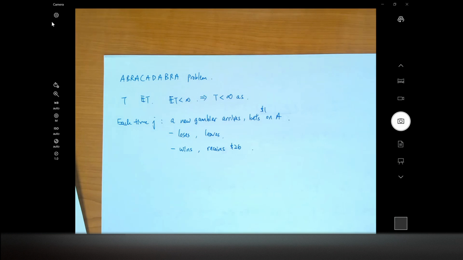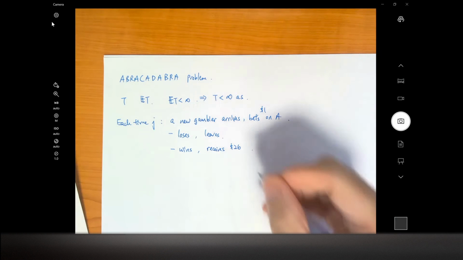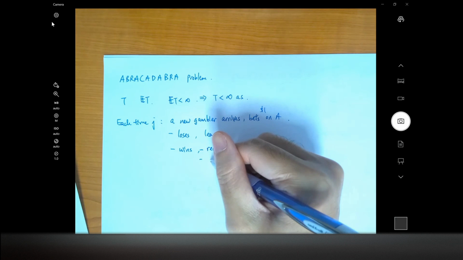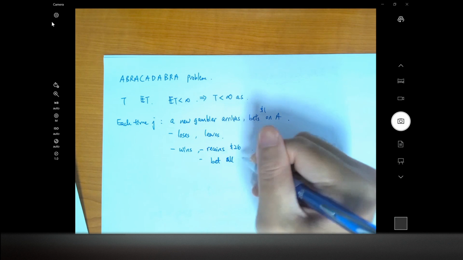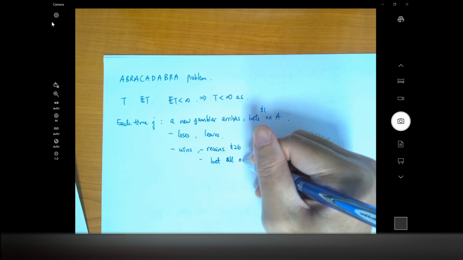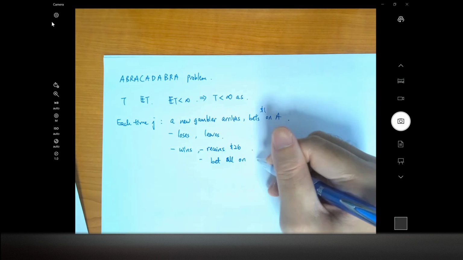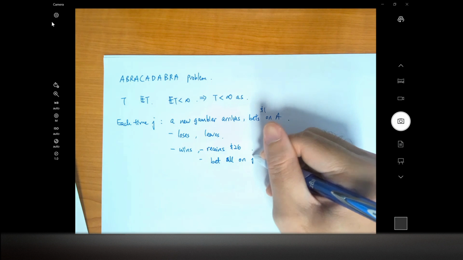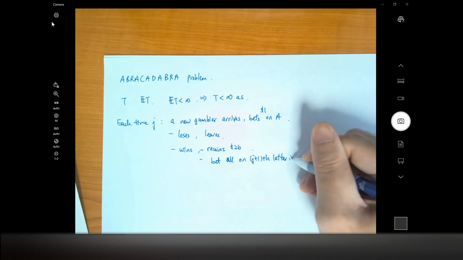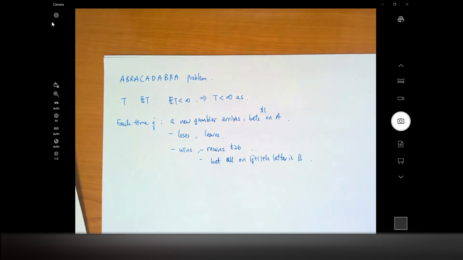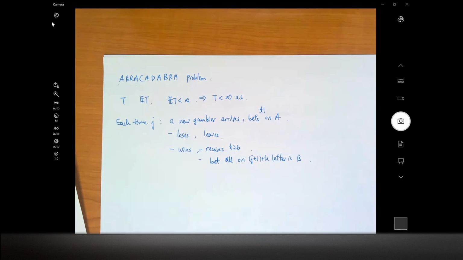After he receives $26, he's a compulsive gambler, so he's going to bet everything at time j plus 1. He's going to bet all his wealth, all 26, on the j plus 1 letter being B, basically following this sequence.